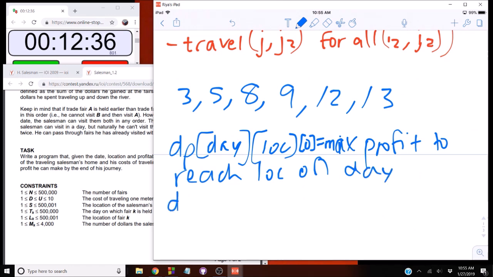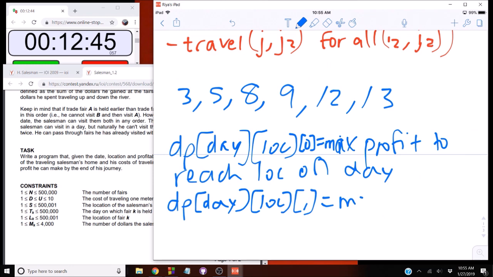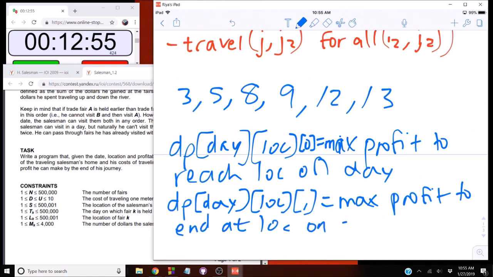And then DP[day][loc][1] equals max profit to end at loc on the day.